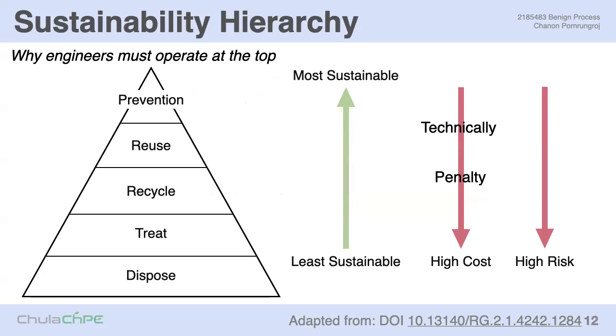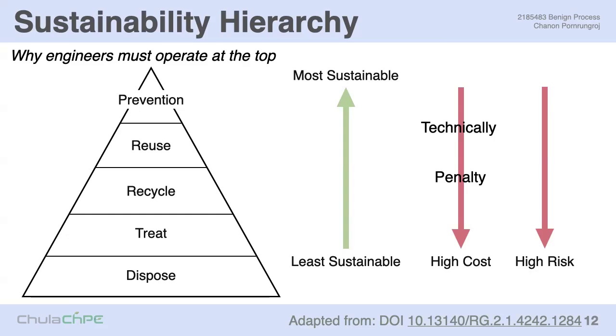So let's talk about the sustainability hierarchy. We usually want to operate at the top, right? So this is the pyramid of sustainability approaches. You have here from the top: prevention, reuse, recycle, treatment, and disposal, right?